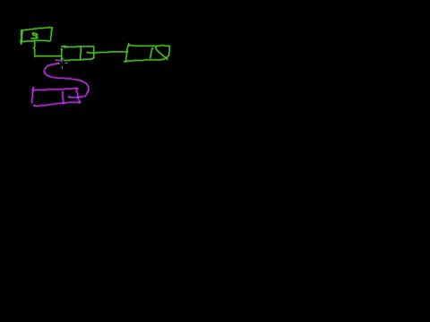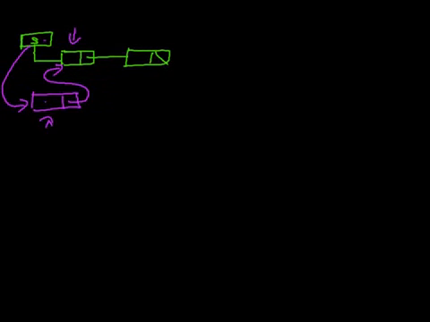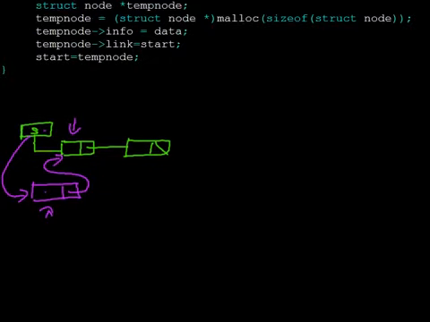So this temp node will start pointing to the first node, right? Then we will copy the address of this temp node into this start pointer. Then start will start pointing to this temp node. By doing this we can achieve insertion at the beginning of the list.